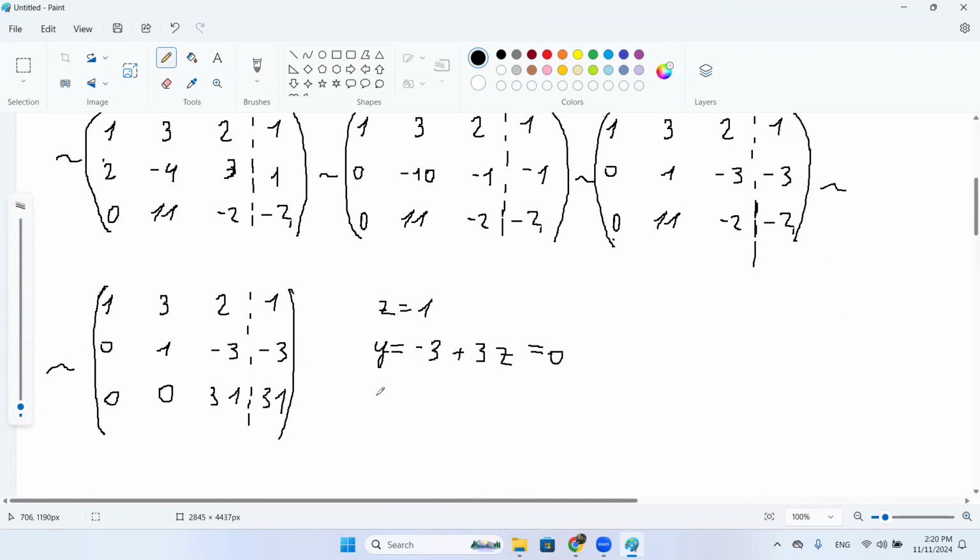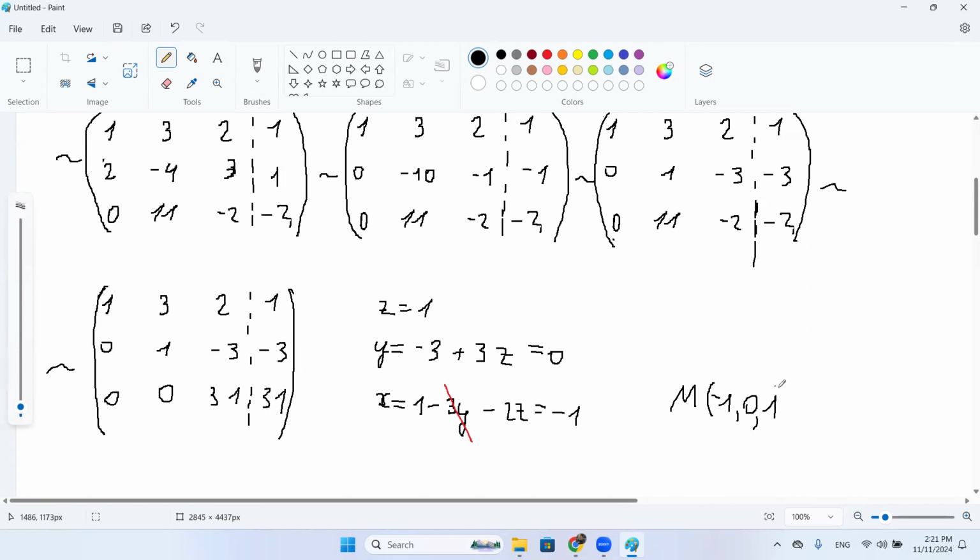And then x equals 1 minus 3y minus 2z. So it equals minus 1. Y is 0, so eliminated.